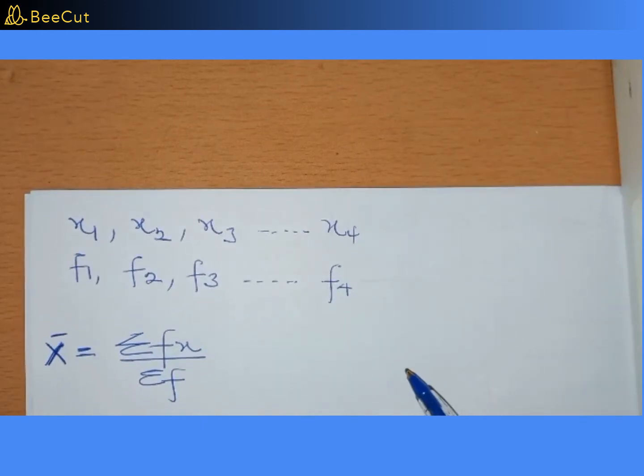Whenever the question is pertaining to a frequency distribution, the formula is sigma fx over sigma f. Why? Because it is a frequency distribution table, so we have f.